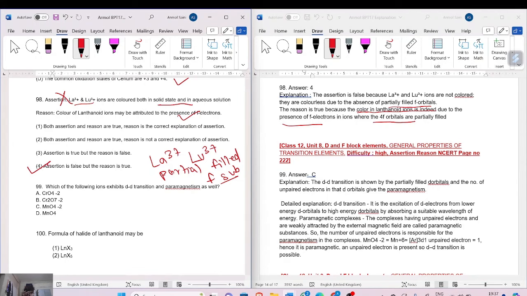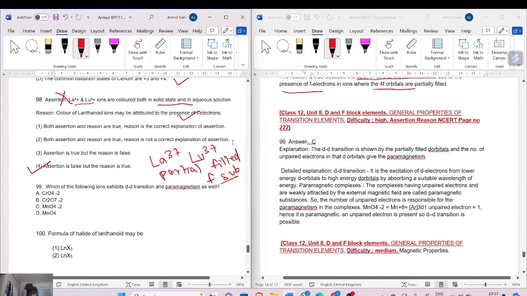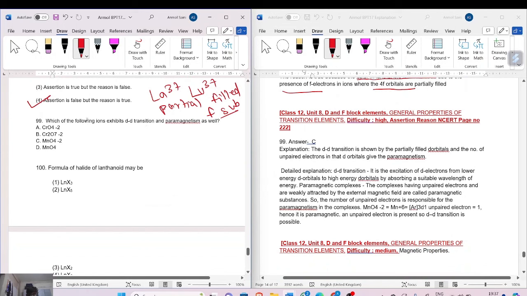Question number 99 states: which of the following ions exhibits d-d transition and is paramagnetic as well? It means we have to find the unpaired electron. The compound which has an unpaired electron will definitely show d-d transition. There are some exceptions, but they are very few.